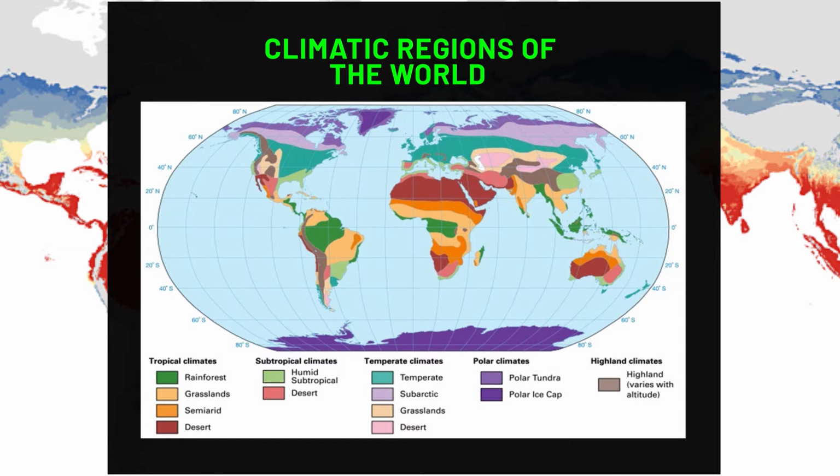The areas colored blue have temperate climatic conditions, while the areas located at the north and south poles at the top and bottom of the globe are colored purple, meaning they have polar climates. Areas colored brown are highland areas or mountainous areas.